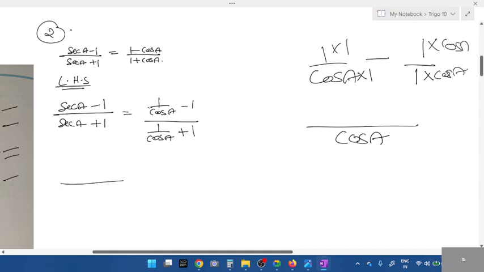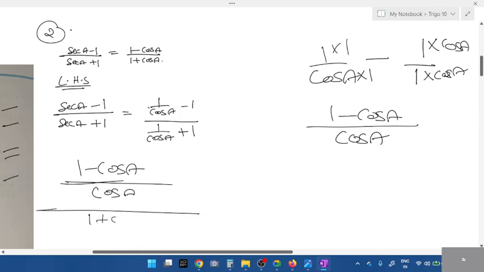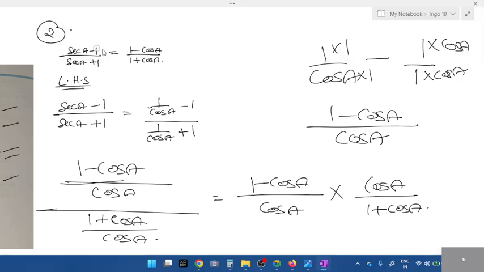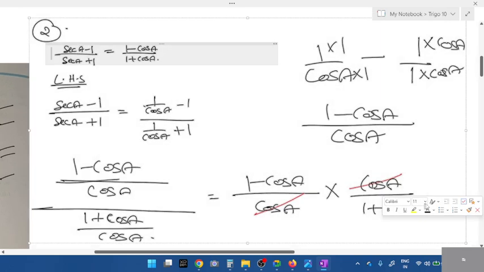Into cos A. So what do you get? 1 minus cos A divided by cos A, and 1 plus cos A divided by cos A. Even this was an easy question. Did you all get RHS, students?